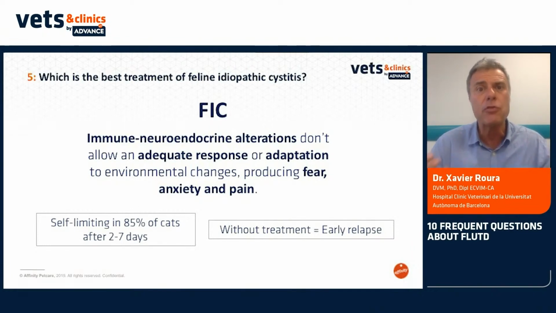The antibiotics can produce resistance and other problems, so we don't need to use antibiotic if the diagnosis is feline idiopathic cystitis. Furthermore, this kind of disease can relapse again if we don't do any treatment. So the objective or the target of this treatment is to avoid the relapse or try to reduce the frequency of this relapse, because we don't know the cause.